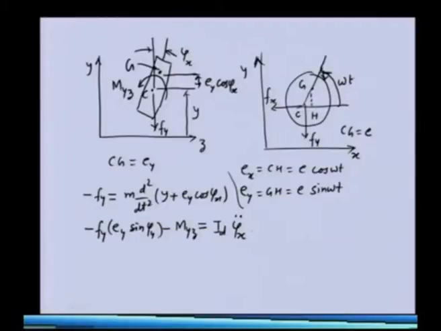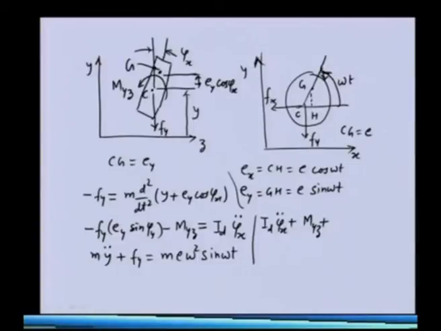of the disk. Now, we can simplify this equation, and we can write the first equation as m y double dot plus Fy is equal to m e omega square sin omega t, and the moment equation, the second equation, as I d phi double dot x plus m y z, and we can write this term on this side, plus e phi x Fy sin omega t is equal to 0.